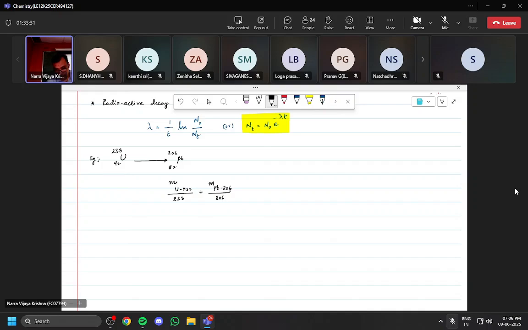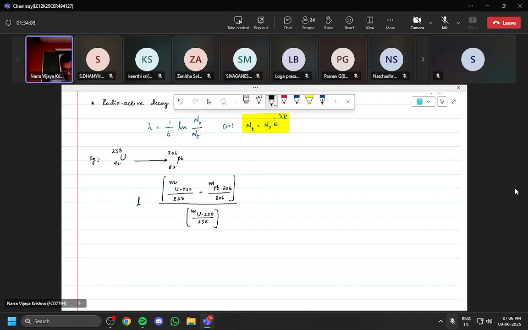What does this indicate? Number of moles of lead plus number of moles of uranium. If I add both, you will get the initial number of moles, means N naught, divided by mass of uranium-238 upon 238. Now what you got? Initial number of nuclei upon final number of nuclei.